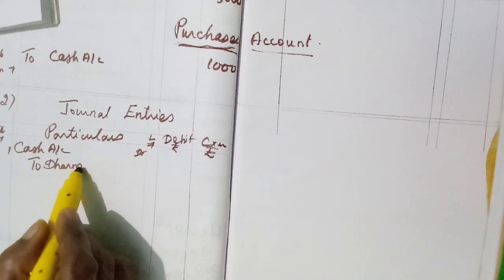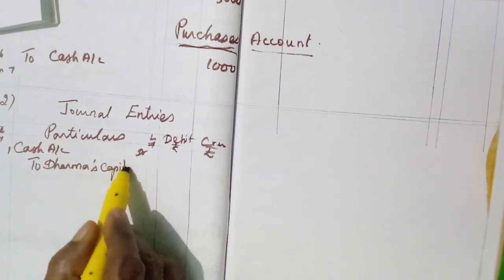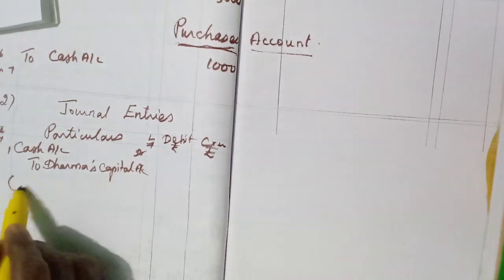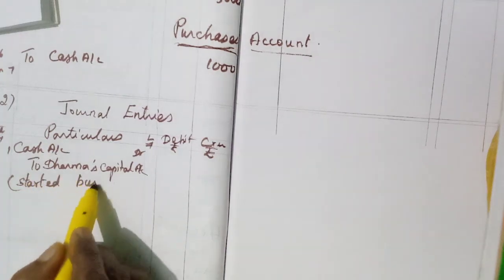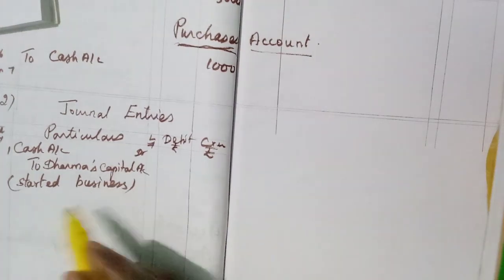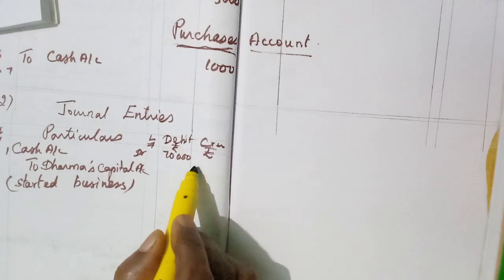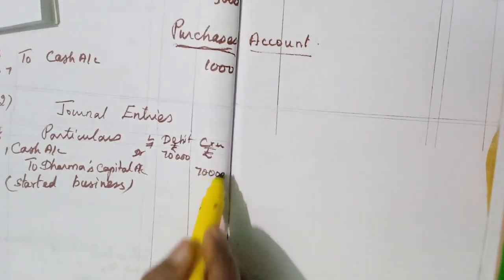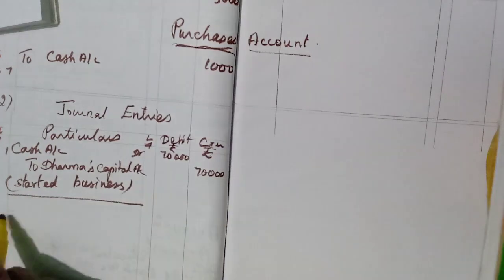Here name is given. So Dharma's capital account. Dharma started business. Simply started business. 70,000.